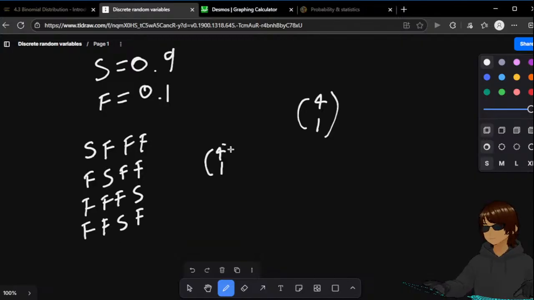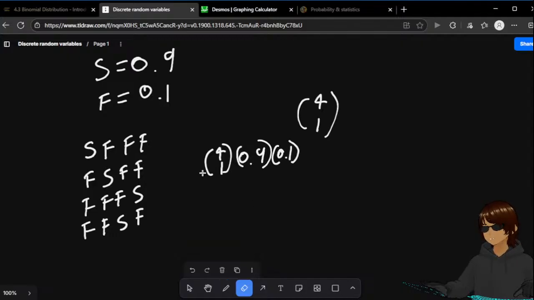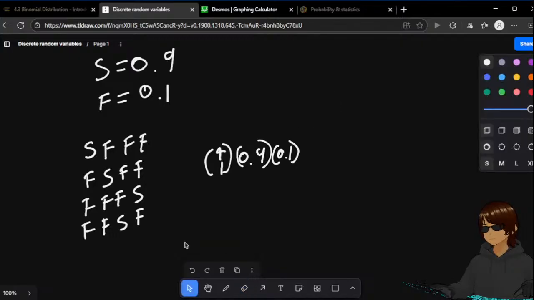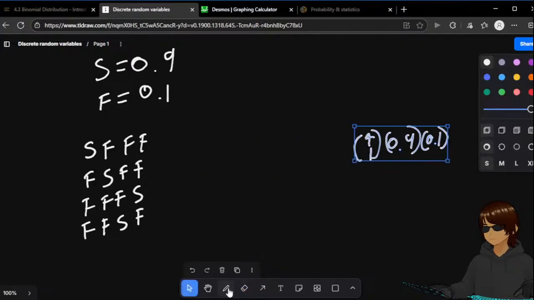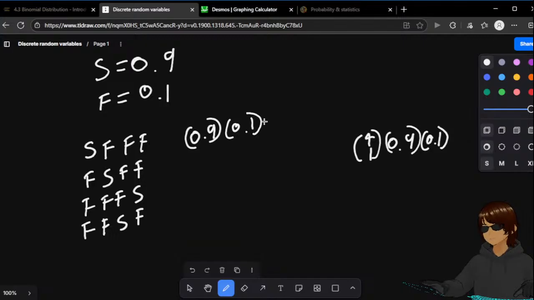So the probability of one success is the number of ways I can have one success from those 4 trials, times 0.9, times 0.1. The reason I'm doing this is because of the number of ways I can have one success: 0.9 chance of success times 0.1 chance of fail and fail and fail.